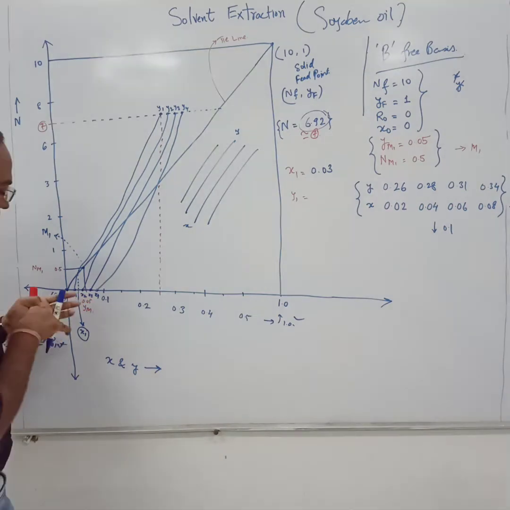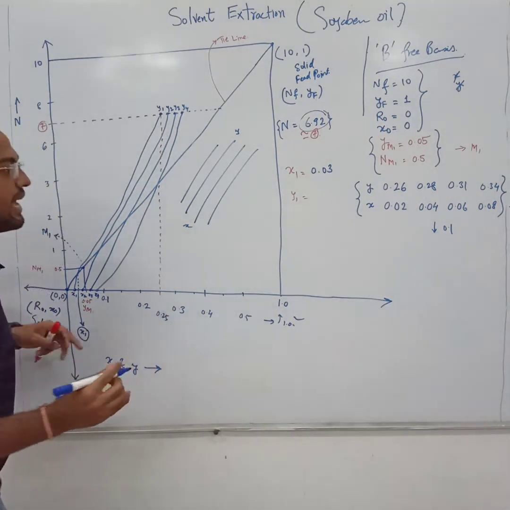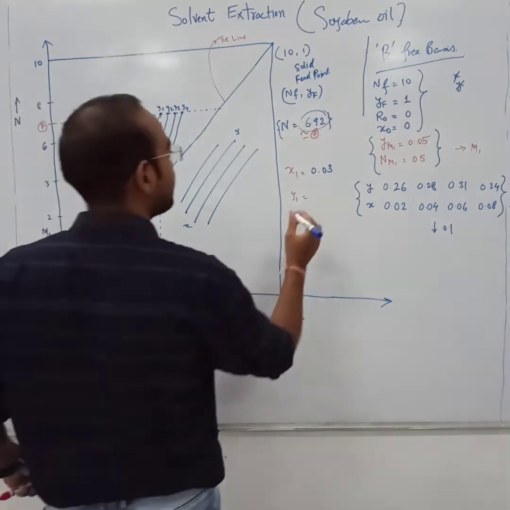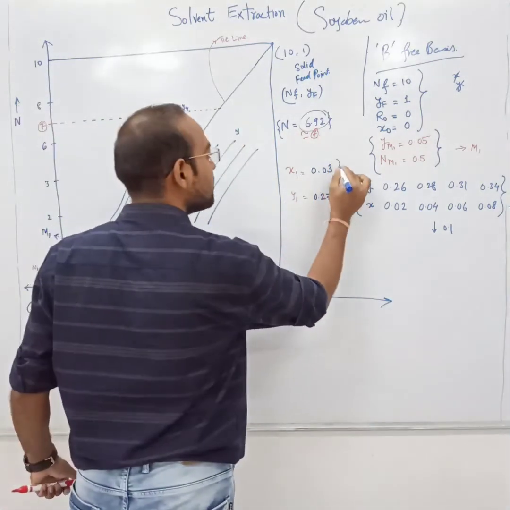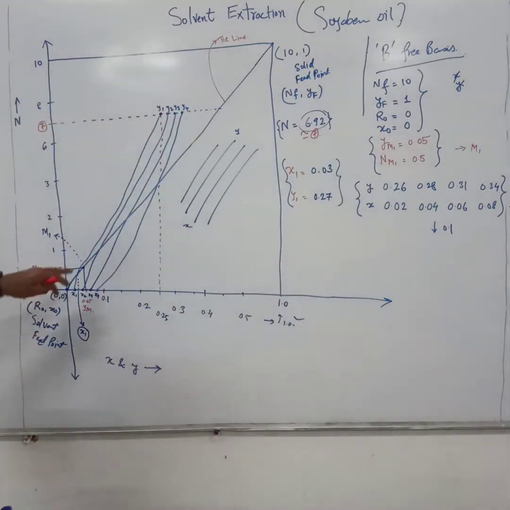Here I am getting somewhat like 0.25, but the actual value of this y1 according to the graph book is 0.27. So you are getting somewhat nearer values of 0.03 and 0.27.